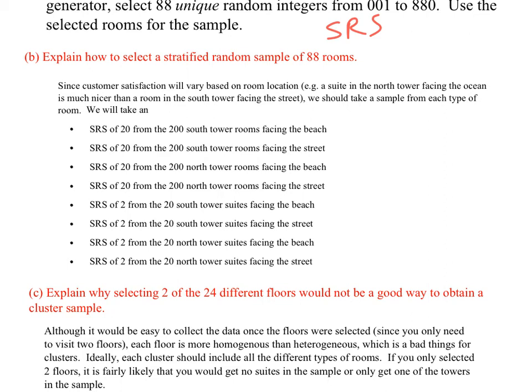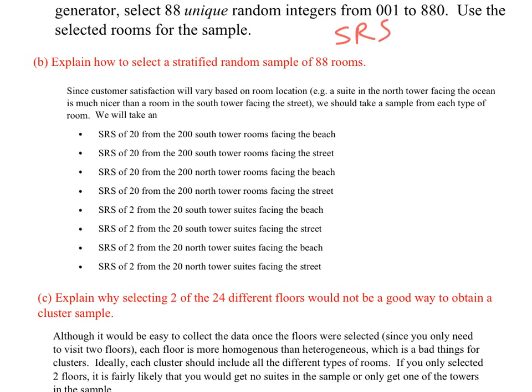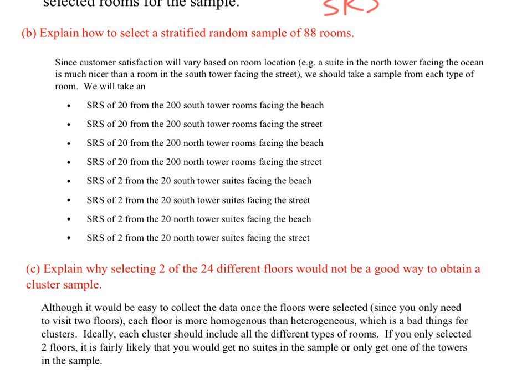I don't want to hear from 88 rooms that are all in the North Tower, or to hear way more from rooms instead of suites. I don't want to hear from everybody that had a view facing the street. I want to hear from all these. So this problem is stratifying.